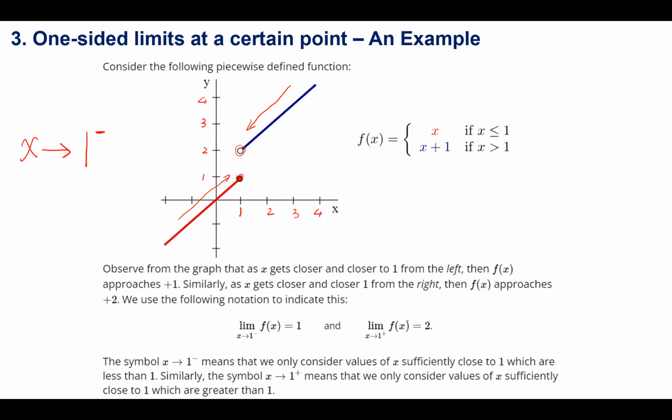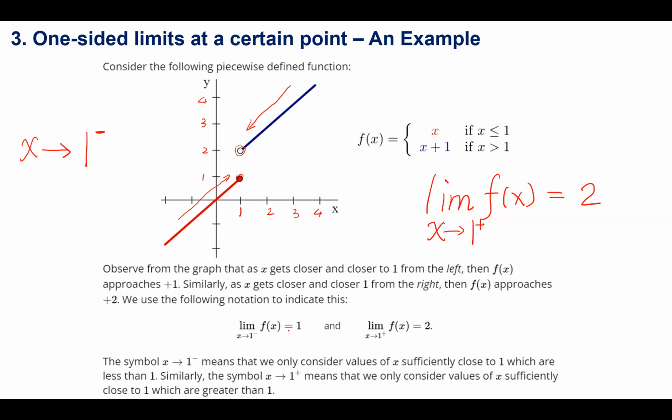How do you express the other side? We write the limit of f(x) as x approaches 1 from the right side. If you want to express from the right side, you should put a plus symbol on the top right of this number here. So this limit, as we have just analyzed, equals 2. Understand?